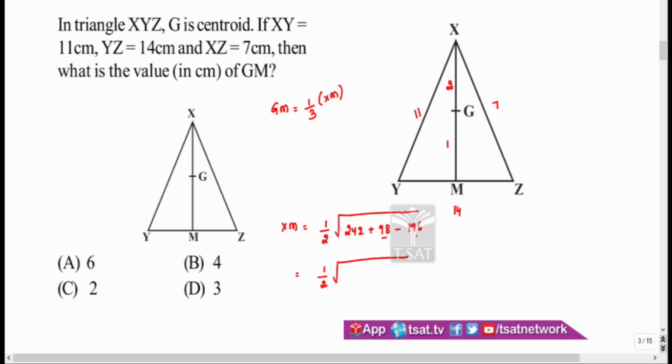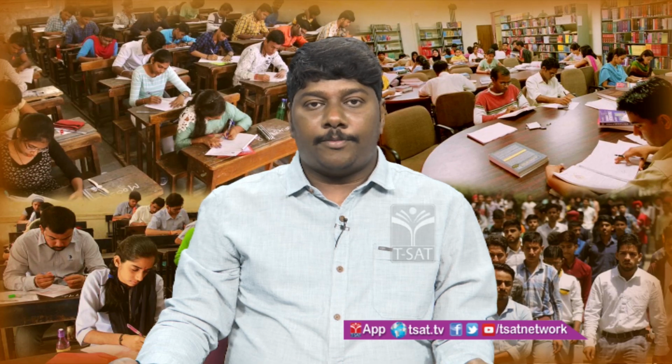So 242 plus 98 is 340, minus 196 gives 144. Root of 144 is 12, and 12 by 2 is equal to 6. Median is 6. You are dividing 6 in the ratio 2:1. Therefore, GM is equal to 1/3 of 6, which is 2.